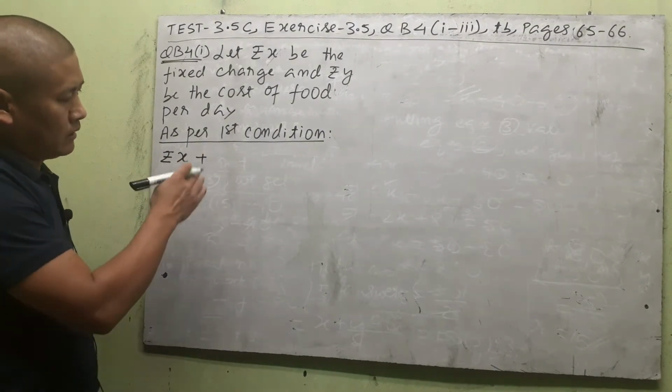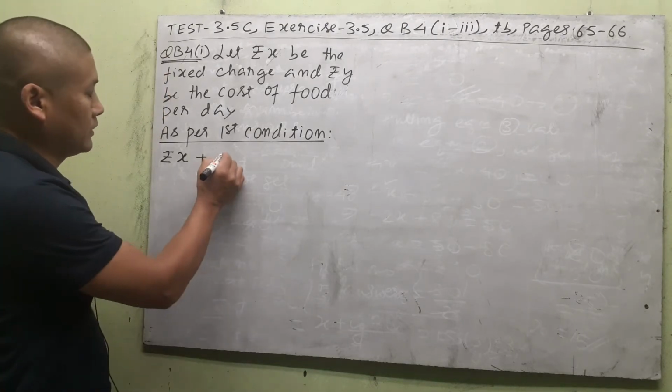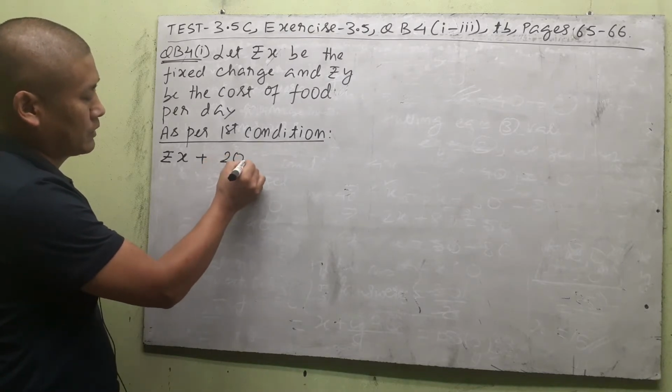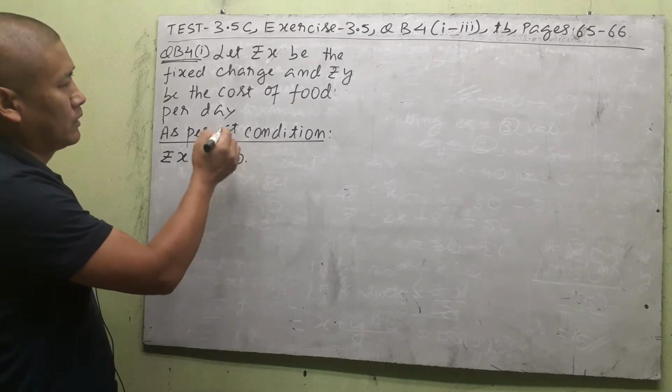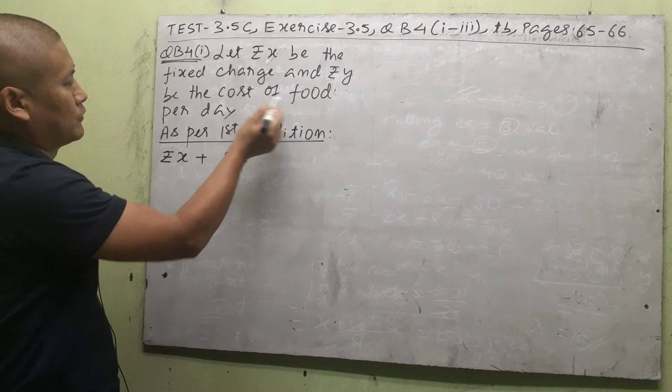Plus this student A stayed for 20 days, so number of days 20 into charge per day, rupees Y is the cost of food for 1 day.